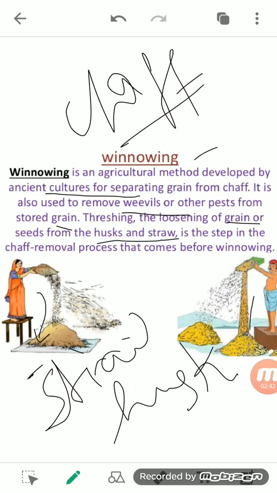Okay, by this method, you can see here the same method, we are able to separate the grain from the husk and the straw. Okay, so this is the method of winnowing.